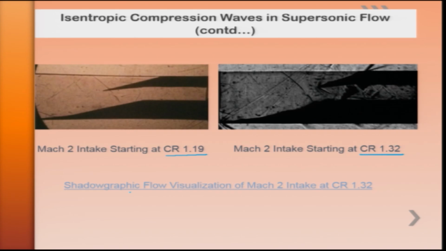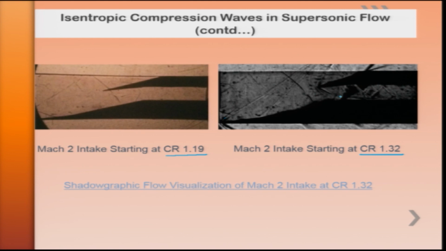You can see here for an intake with 1.19 CR, that is contraction ratio, at Mach 2, the shock waves are very weak. However, as soon as you start the flow at higher contraction ratio, you will find these shock waves generated, and moreover at the cowl, you can see the stronger waves shown by the black lines here.